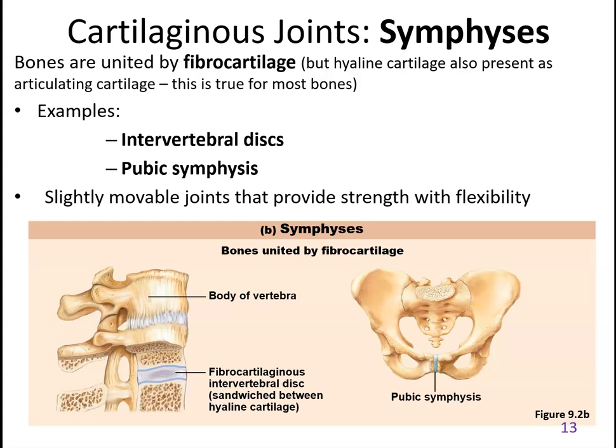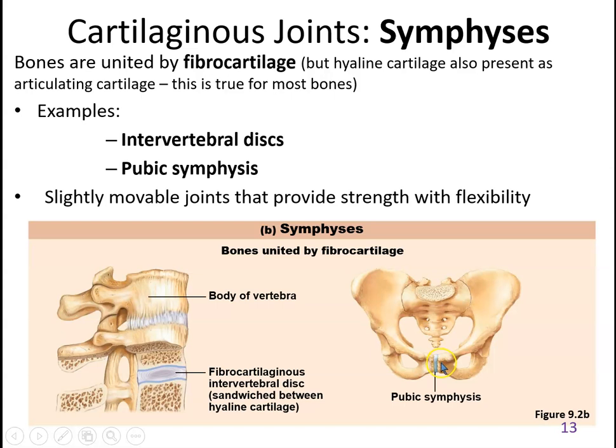So the little water balloon that gets squashed is the nucleus pulposus, and the tough ring of fibrocartilage around it is the annulus fibrosus. And then the pubic symphysis holds together the two pubic bones and kind of completes the pelvis.